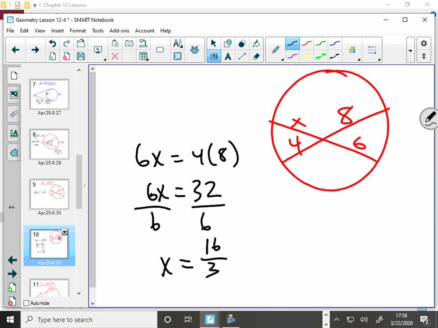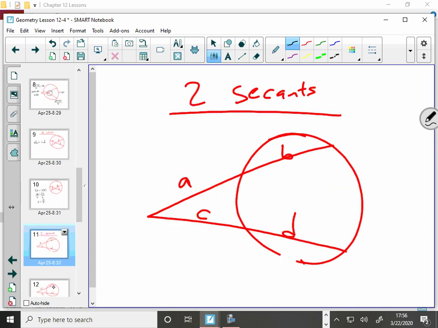Of course, the next picture is going to be two secants. And so here's the way that it works with two secants.